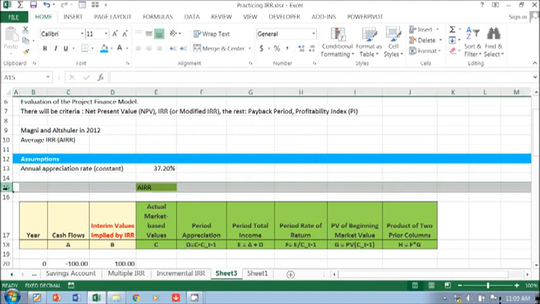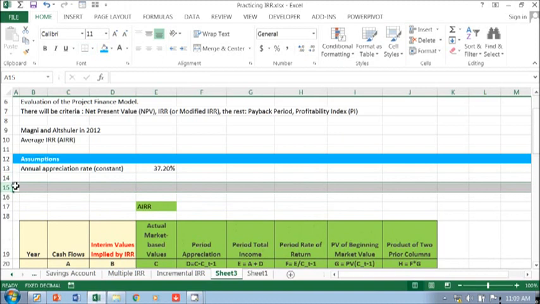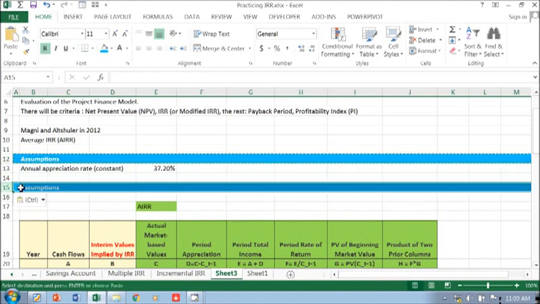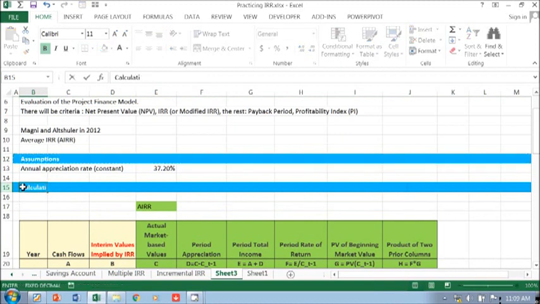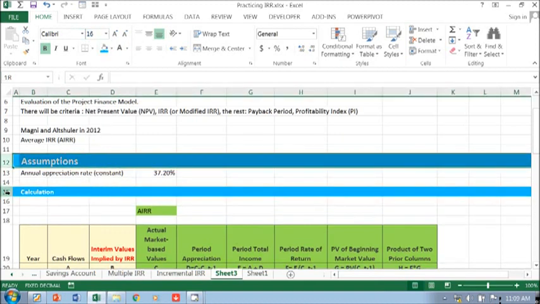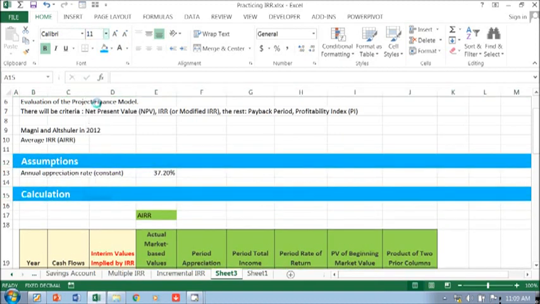Then I put this as the calculation. I copy it down and put it here. You can make it a bit bigger, like 16, and this is 16 as well.